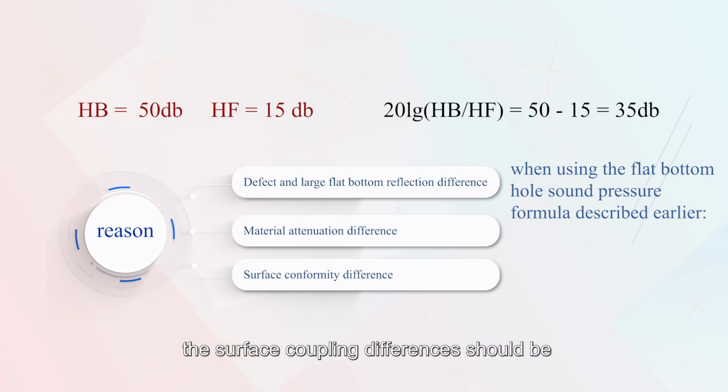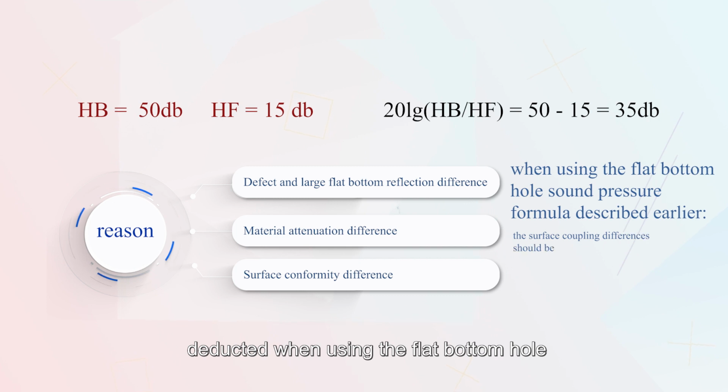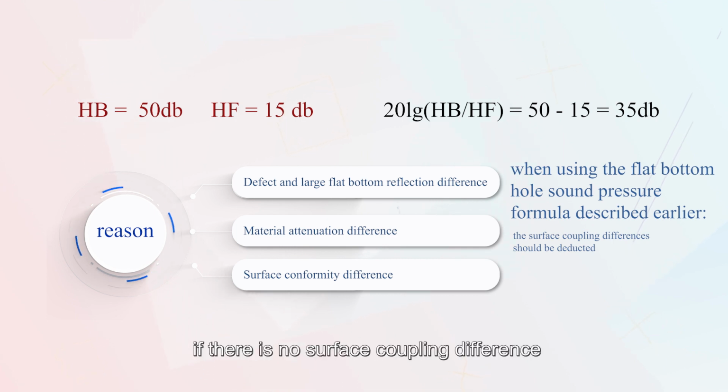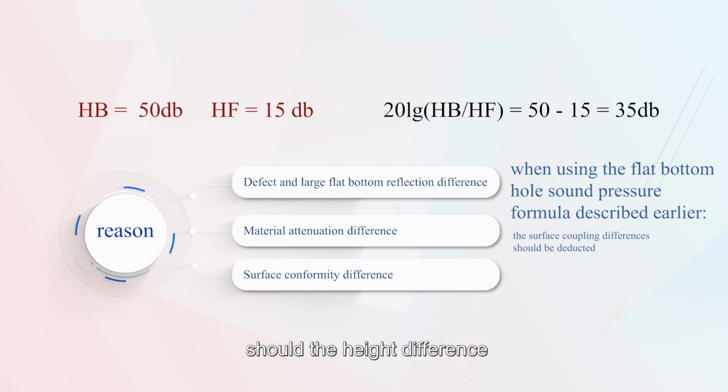Therefore, the surface coupling differences should be deducted when using the flat bottom hole sound pressure formula described earlier. Just think, if there were no surface coupling differences, should the height difference between the two echoes be 50 minus 15 minus 8? Obviously.